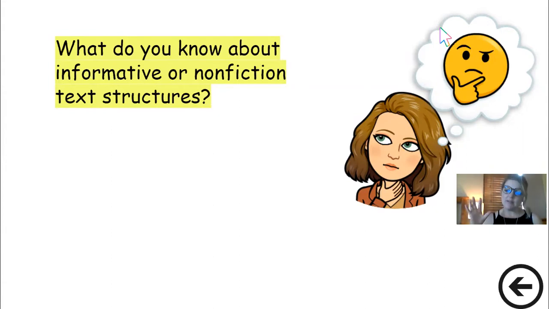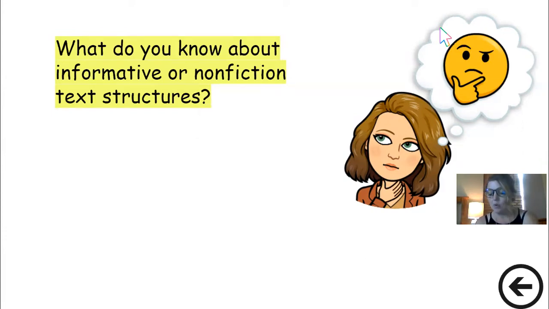Anything? So we talked about with fictional texts, we talked about plot elements and kind of that mountain, right? The way that stories are kind of organized. We have our beginning, our middle, and our end, and we have everything in between. We have the exposition, the rising action, the climax, the falling action, the resolution.